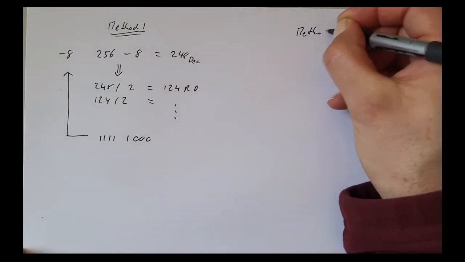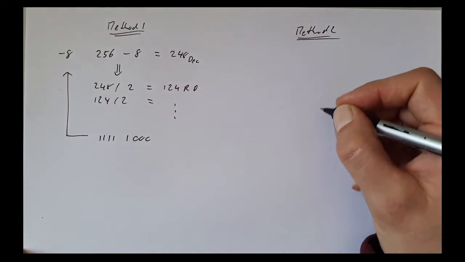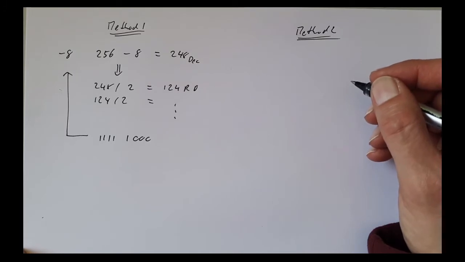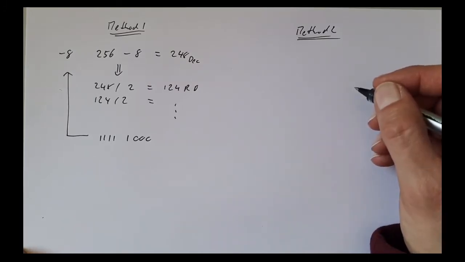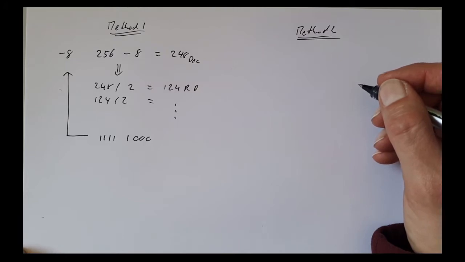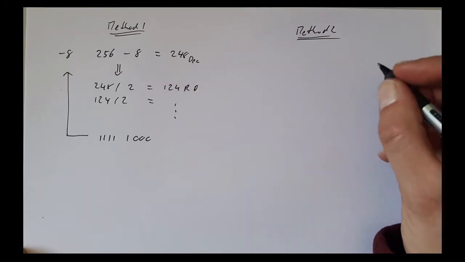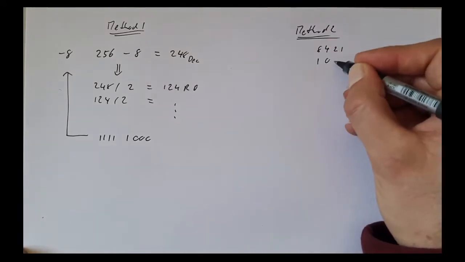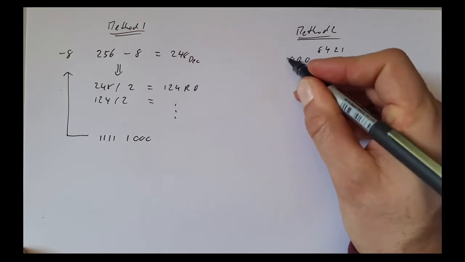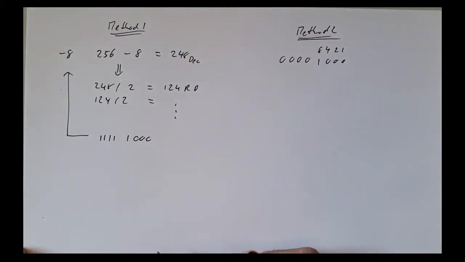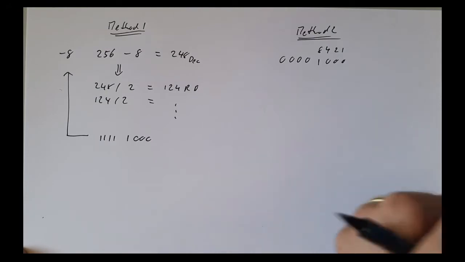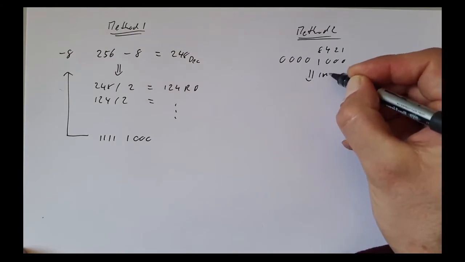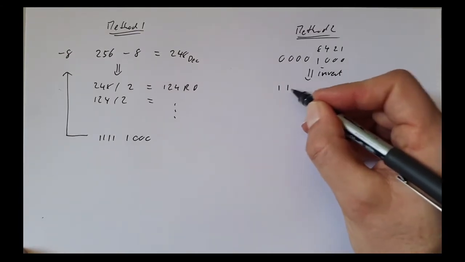Method 2: you convert the decimal number to a binary number. In this case, it's quite simple because 8 is already one position in the binary number. So you have 1, 2, 4, 8. So the converted number looks like this. And then you toggle or invert each bit. So if you have a 0, it will become 1.